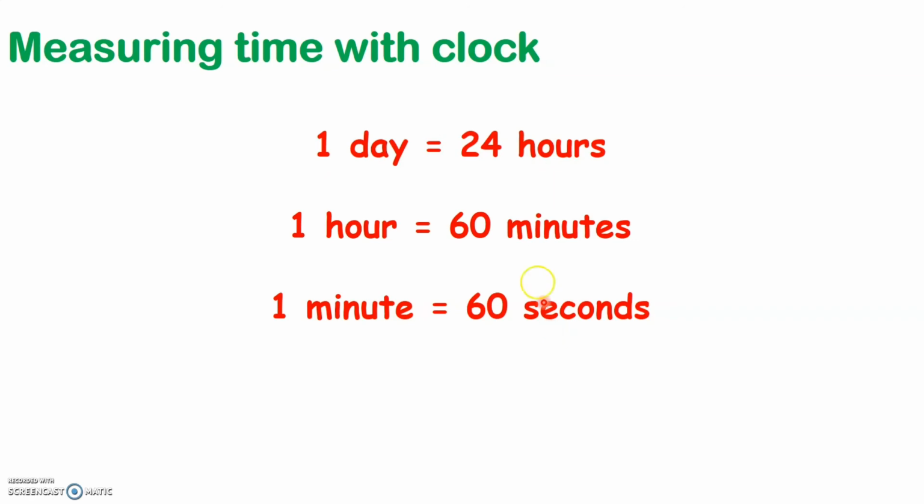Remember that 1 day is equal to 24 hours, which means in a day we have 24 hours. 1 hour is equal to 60 minutes, which means in 1 hour of time we have 60 minutes. And 1 minute is equal to 60 seconds, which means in 1 minute of time there are 60 seconds.